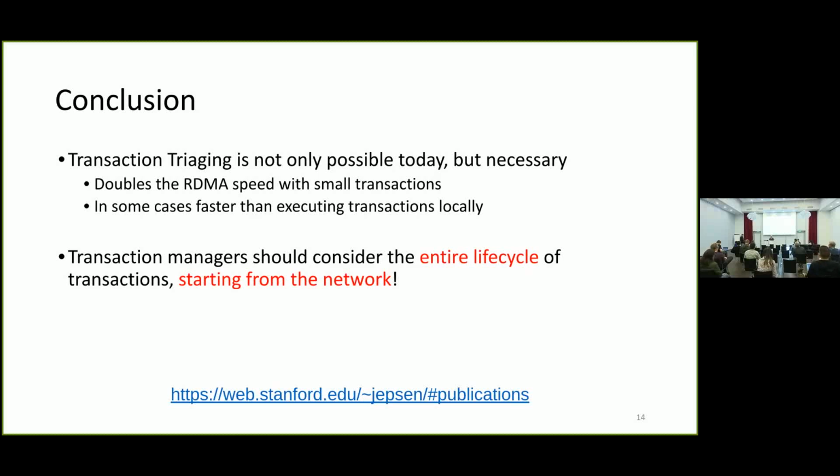But we're looking at just the transaction manager, before transactions even reach the database and before they start being processed. In this work we're assuming it's not a partitioned database. But that definitely would be an interesting problem to look at, how to do this triaging with multiple servers in the background while ensuring consistency.